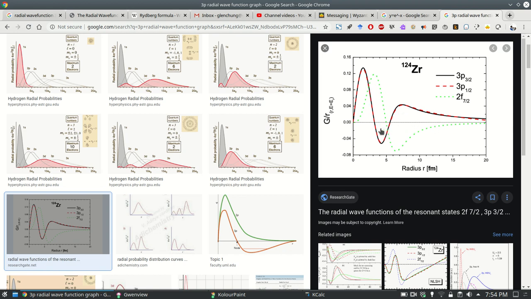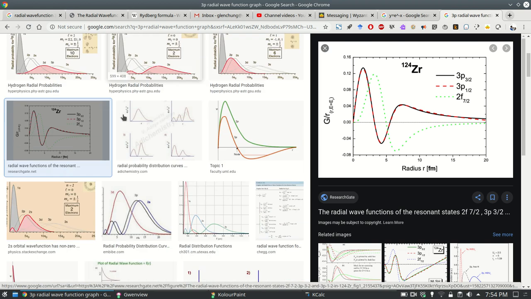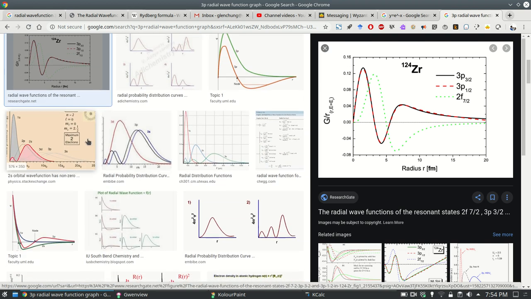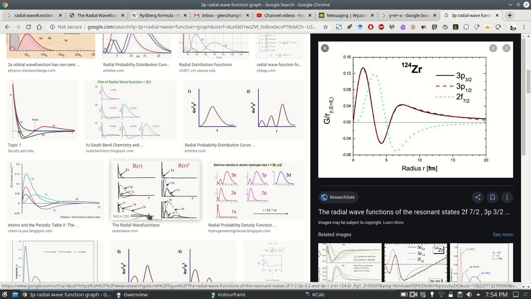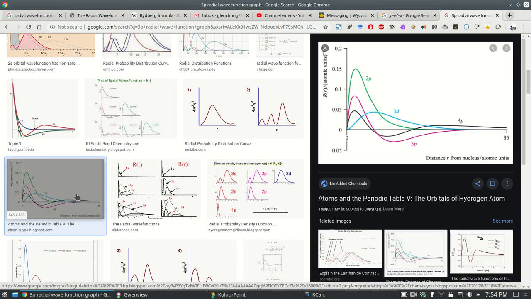Okay, so there should be three relative extrema of this. Maybe I have the wrong wave. Oh, this is the f orbital. Okay, so I need to look at a graph of the p orbital, 3p. This graph right here.